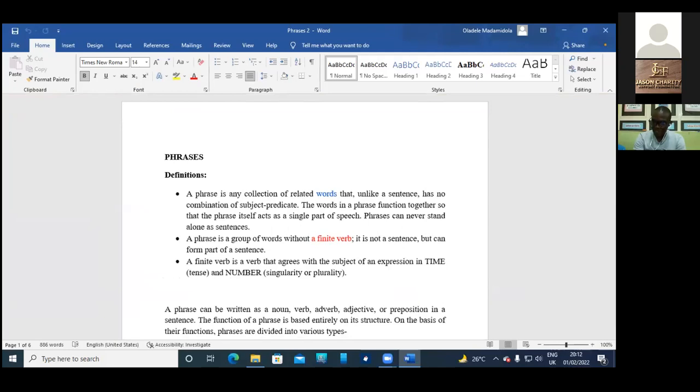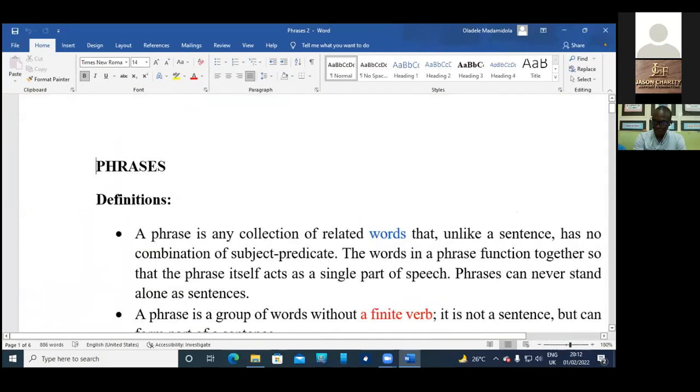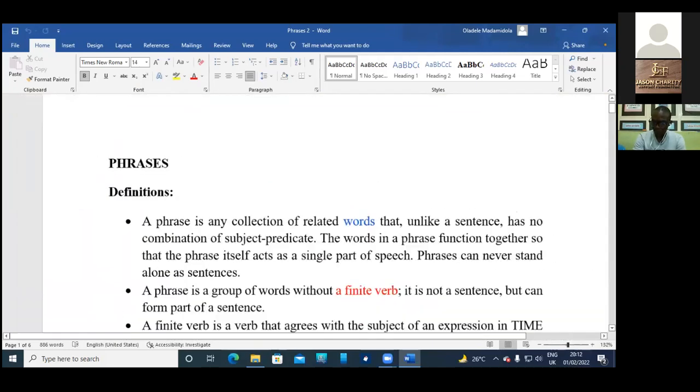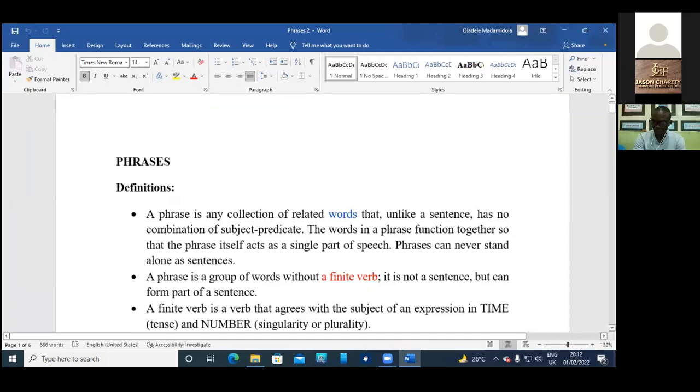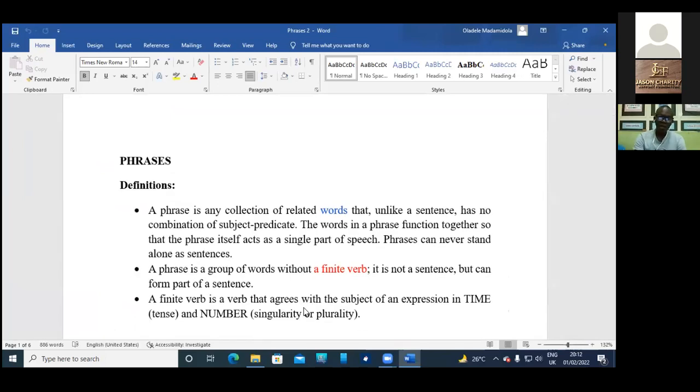I prepared a slide, but I prefer to begin. Finite verb sentence, of course, but it can form part of what? A sentence.